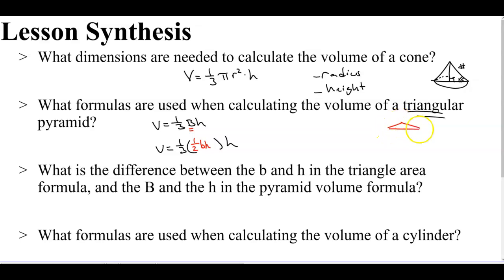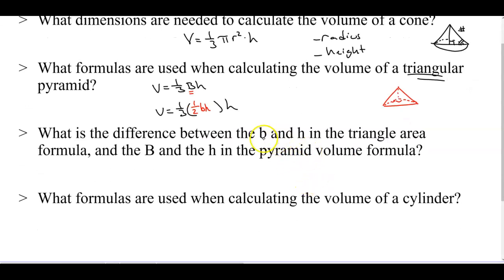So if I drew a quick little triangular pyramid, sorry, this is a prism. Let's say I had this solid right here, and that was a 90-degree angle. So the base and the height, and then the actual height of the solid, you just be careful between those two.